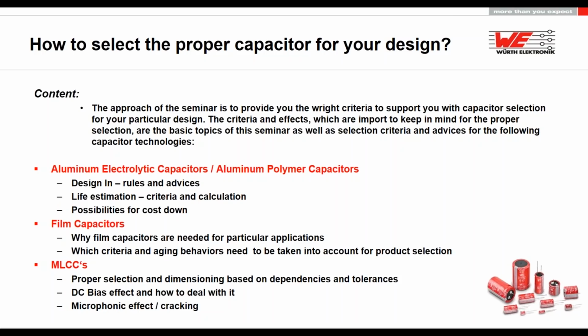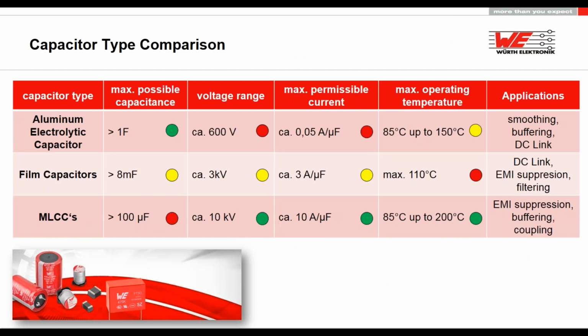If we come to the capacitor types in general, for the comparison of aluminum electrolytics, film caps, and MLCCs, as you can see, like the traffic lights I added in, they are not really equal. So depending on the category you select, you get a big difference in what is possible and what you can go for. For example, if you take the aluminum electrolytics, they are very good in case of capacitance.